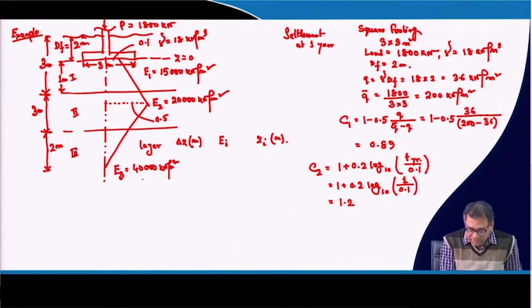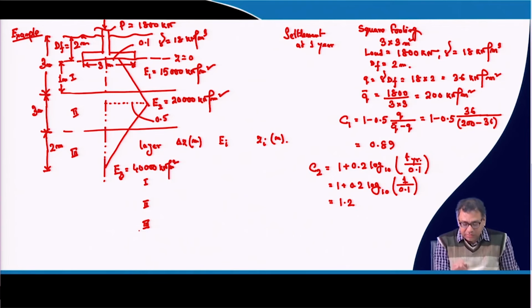So now I will calculate for layer 1, layer 2 and layer 3. For layer 1, what is the thickness? From the base of the foundation, the first layer thickness is 1 meter. The second layer thickness is 3 meter, and the third layer thickness up to the influence zone, that is Z2 equal to 4B, is 2 meter.